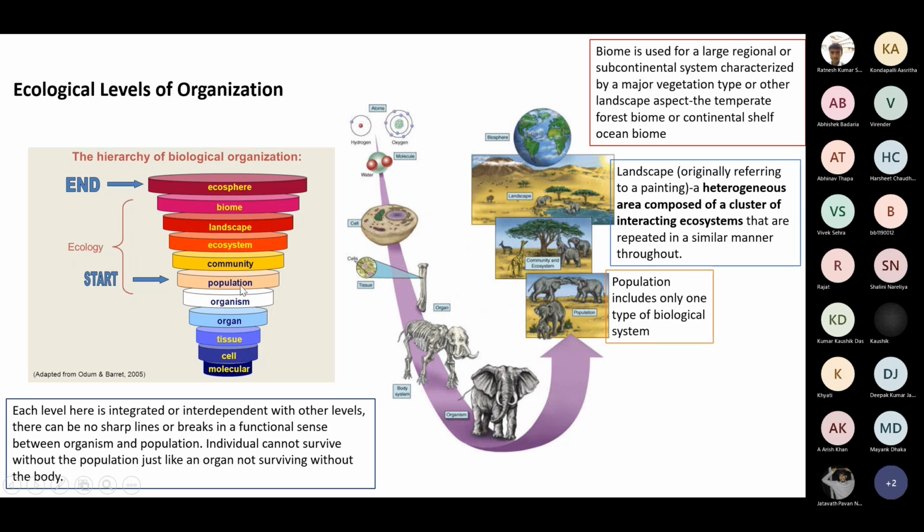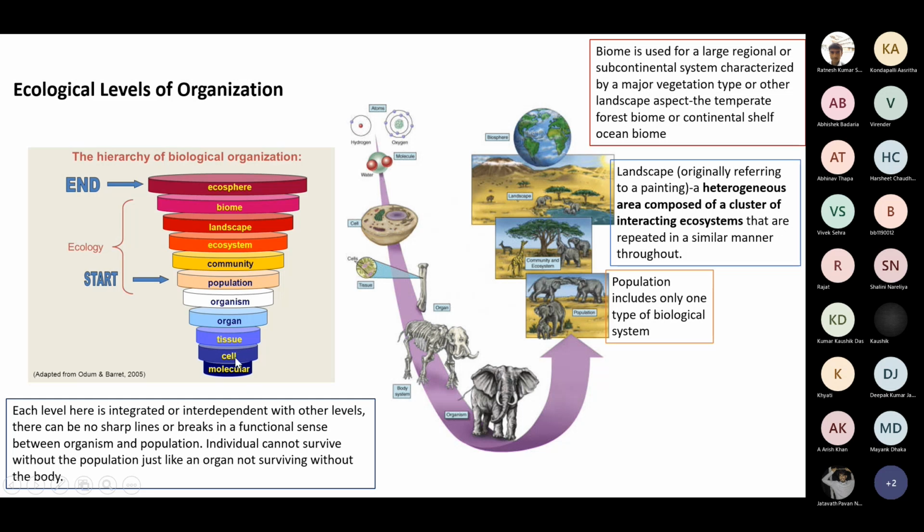The graphical representation of the same hierarchy is shown in the figure on the right. Again, I will go back and explain. You start with molecules, like water, which starts with atoms. Then these molecules are inside the cell.